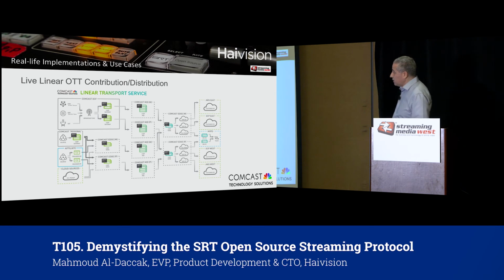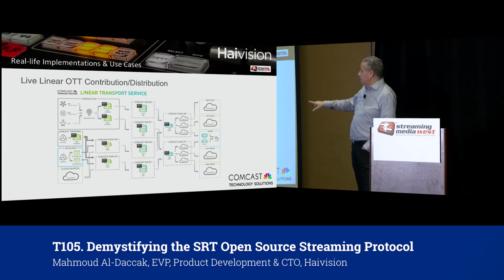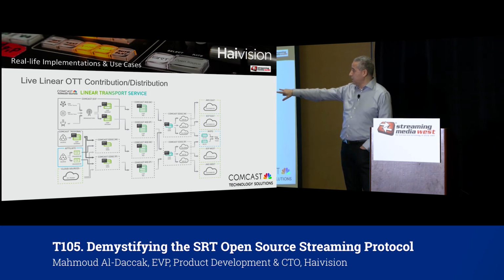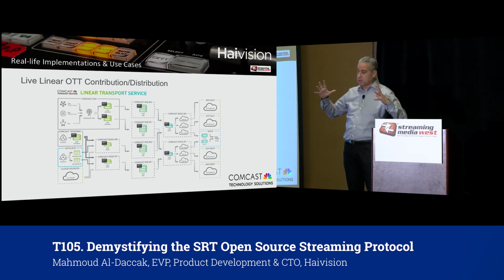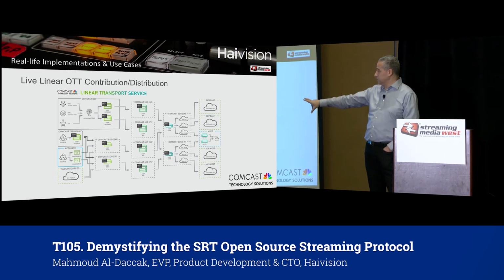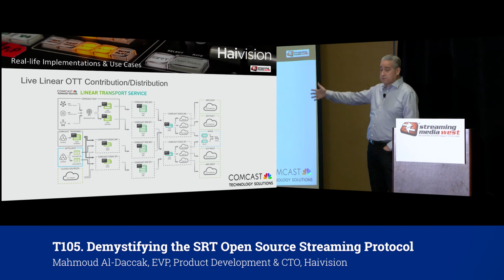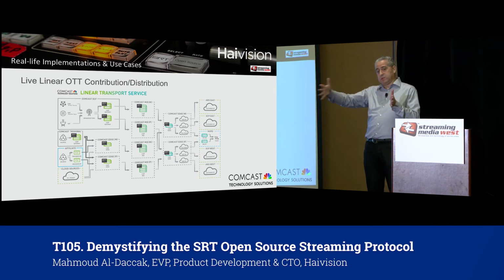So you don't need to follow all that complicated diagram, but suffice to say is basically you have the origination of the signal, you send it over SRT. So it's very similar to that SRT Hub that I showed you. It goes into the cloud, into the Comcast cloud, then over SRT. From there, it's fed to the edge, so it traverses the cloud, up to the edge.